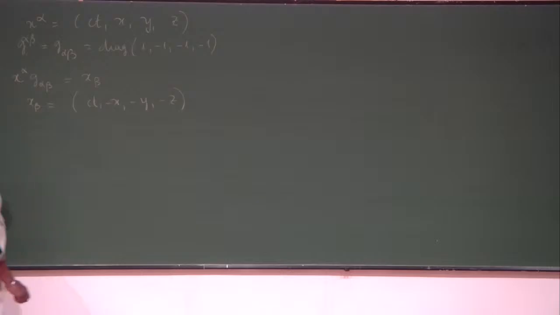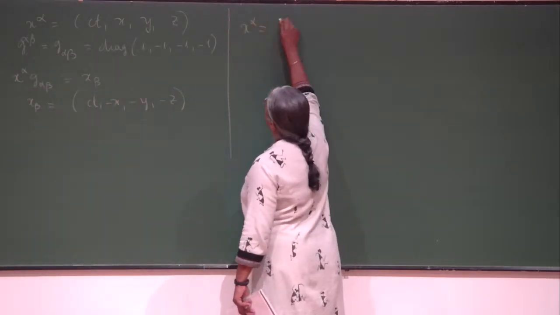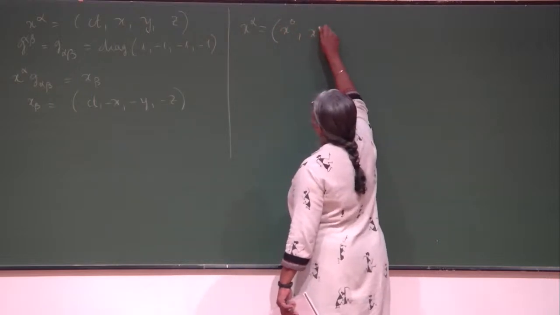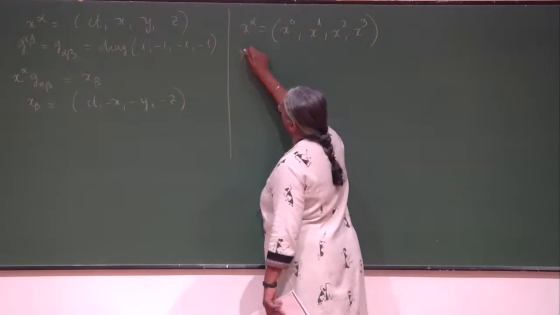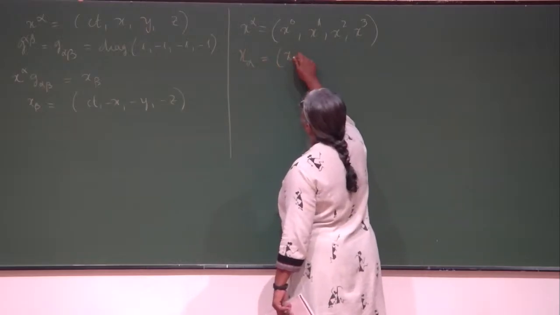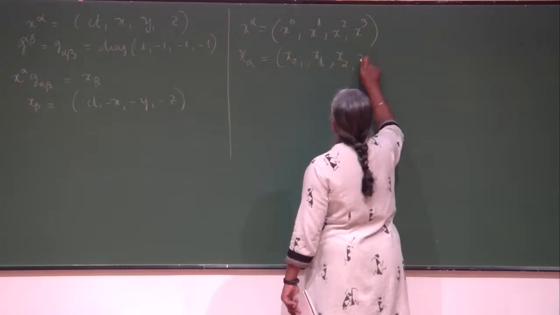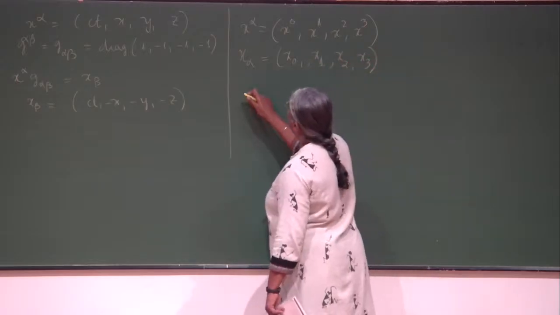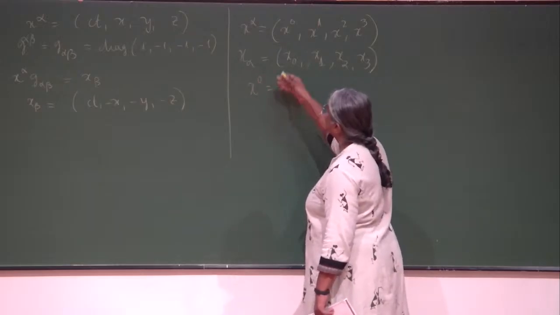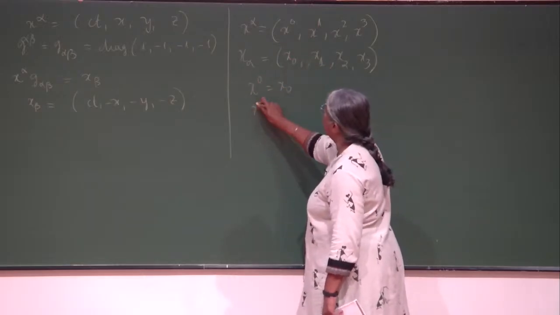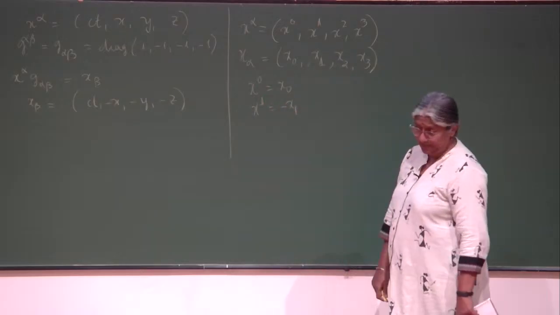So in general, if I label the upper index x alpha, this is a repeat of the last time, as x naught, x1, x2, x3, and the lower index by x naught, x1, x2, x3, then x naught is equal to x naught. I'll never actually worry about the 0 component, but lower x1 will be minus upper x1 and so on, right?